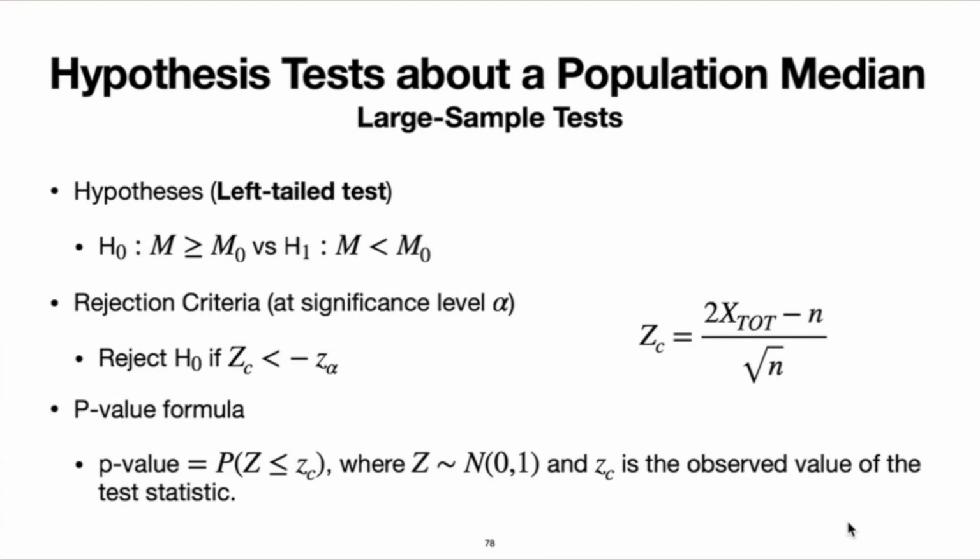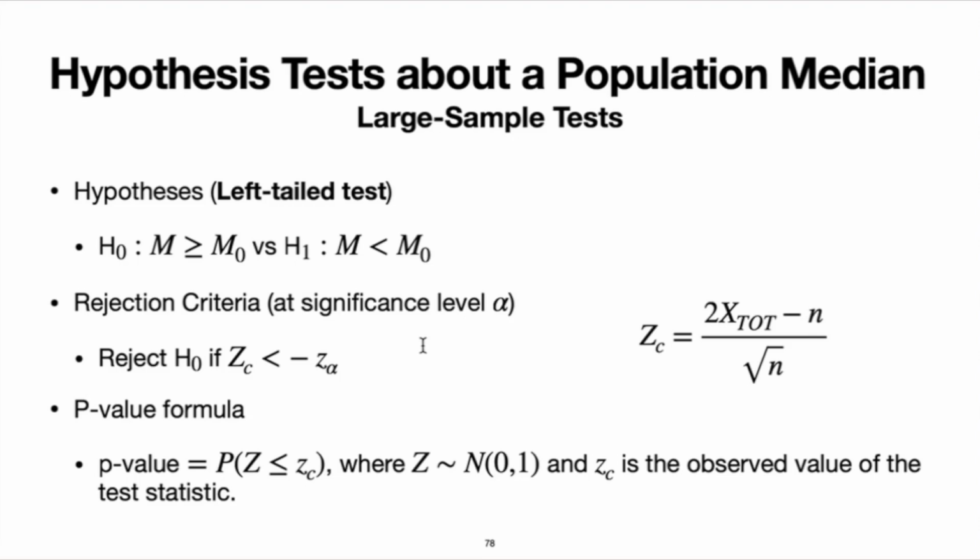If we want to perform a left-tailed test where we're trying to show that cap M is less than some specified value, then we would have this left-tailed test. So the null hypothesis is that the population median is greater than or equal to the specified value against the alternative that says that the population median is less than the specified value.